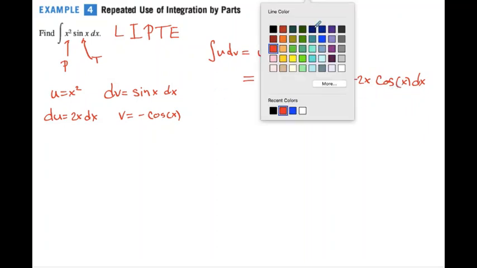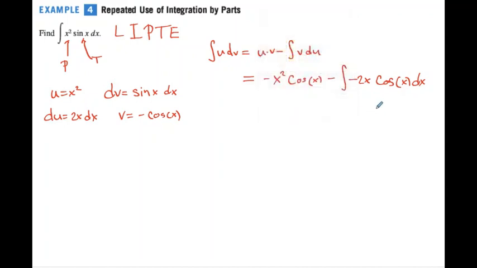So we're going to do this a second time, and I'm going to use a subscript now. I'm going to say this is my P again, and this is my T. So we see that the polynomial part will be our u. I'm going to call it u with a subscript of 2.